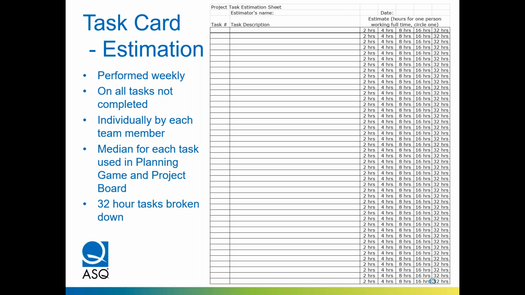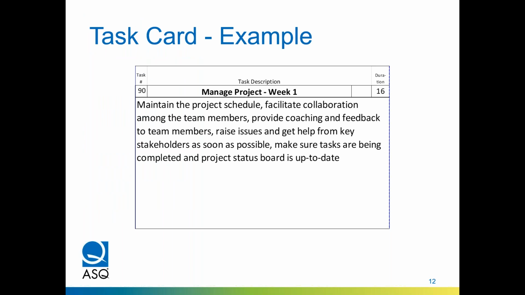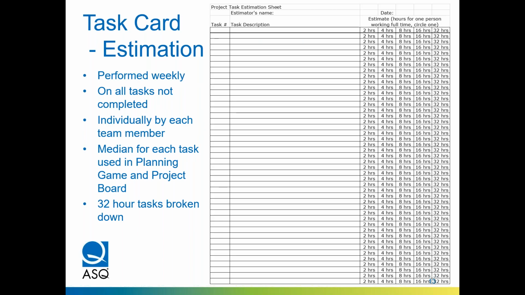If you notice, up in the right-hand corner, there's a duration. That's what's written on the card, and then ultimately is used in the planning game first, and then on the project board.